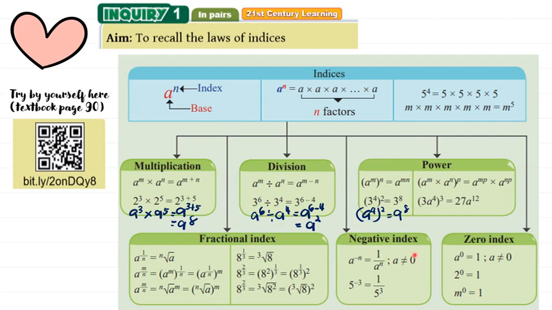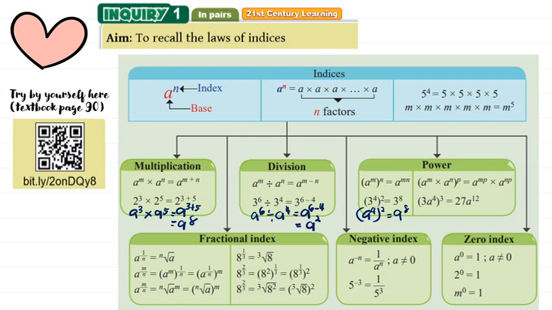And then for negative index, let's say we have a power of negative n, it is equal to 1 over a power of n, where a is not equal to 0. The base cannot be 0. As an example, 5 to the power of negative 3 is equal to 1 over 5 power of 3.